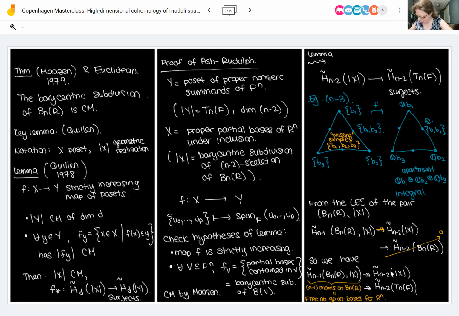That's exactly what we wanted. We are now done. We have this surjection from these boundaries of missing simplices onto our apartments that generates homology, and we can conclude that we are generated by integral apartment classes.